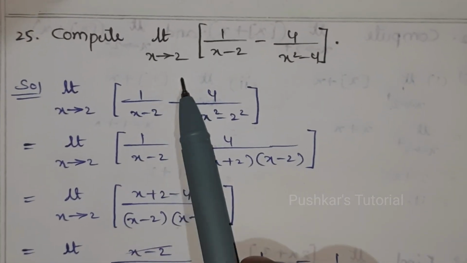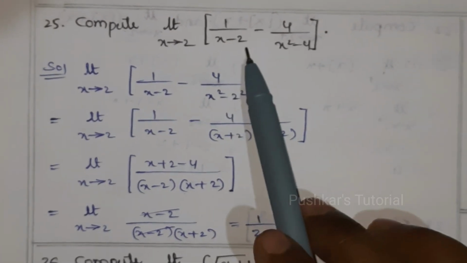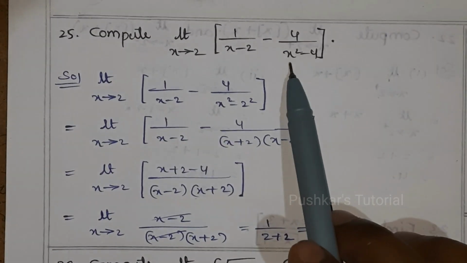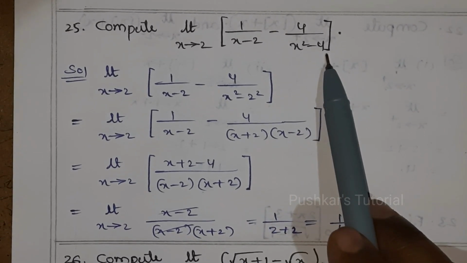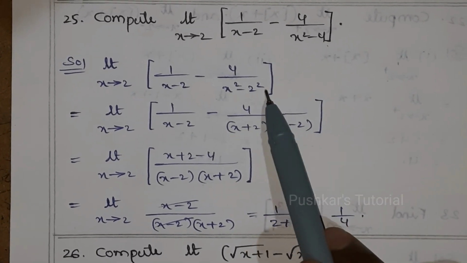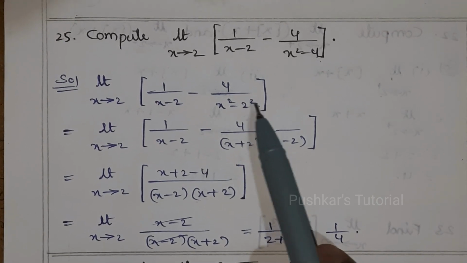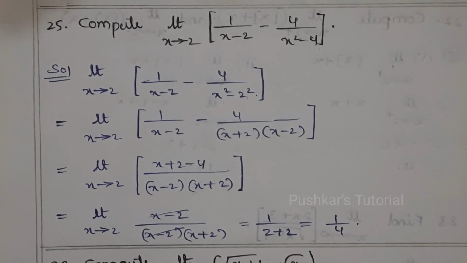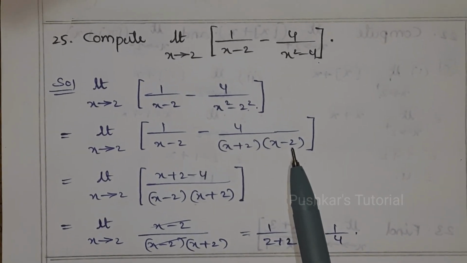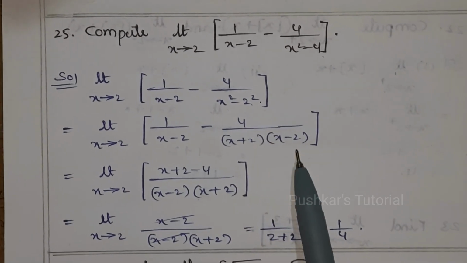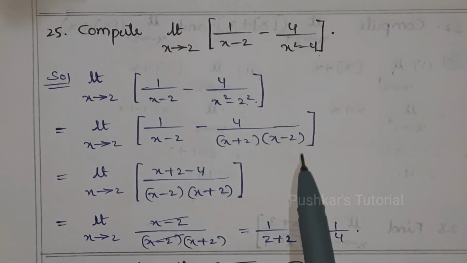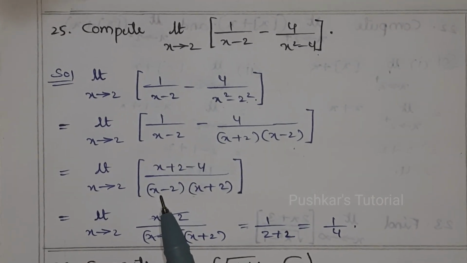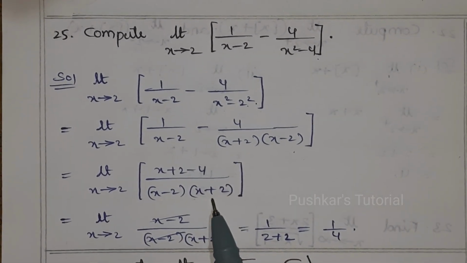Next, compute limit x tends to 2 of 1 by (x minus 2) minus 4 by (x square minus 4). So x square is given now, we try to write in terms of square. 4 we can write as 2 square. The denominator looks like the a square minus b square formula: (a plus b) into (a minus b). So (x plus 2)(x minus 2). Now do the LCM here. The x minus 2 is there once, the x minus 2 should be written one time, and we should write another extra x plus 2.